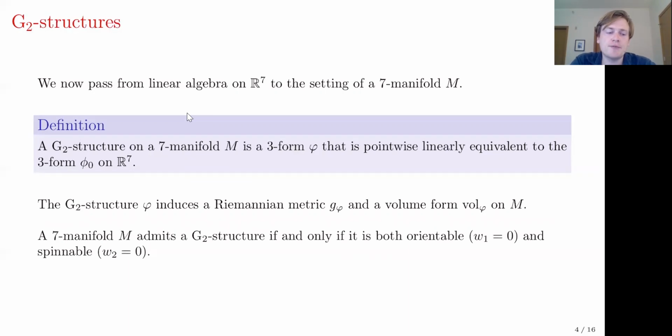The fact the manifold has to be spinnable is not immediately obvious, but you can see it by realizing that the group G2 is the stabilizer of a non-zero spinor in the spin representation of SO7, the spin representation in 7 dimensions. So if you have a G2 structure, it turns out that you have a non-vanishing spinor on your manifold, so it makes sense that your manifold should admit a spin structure.